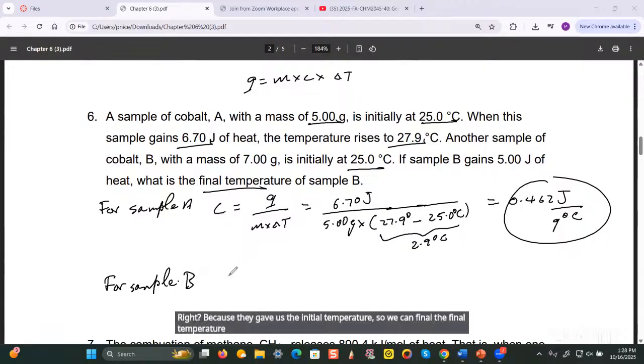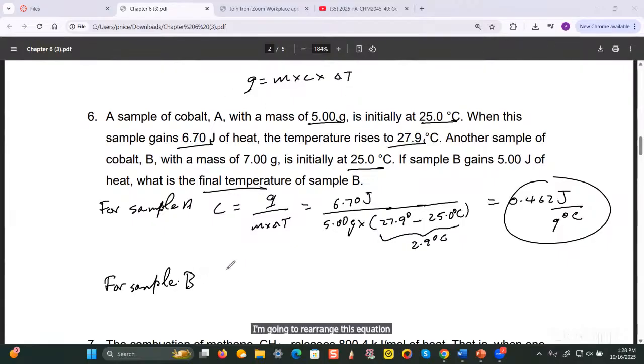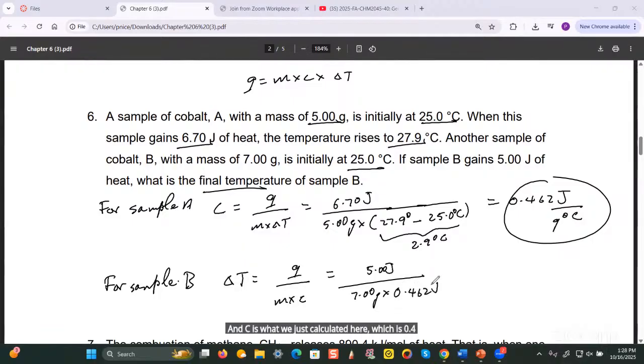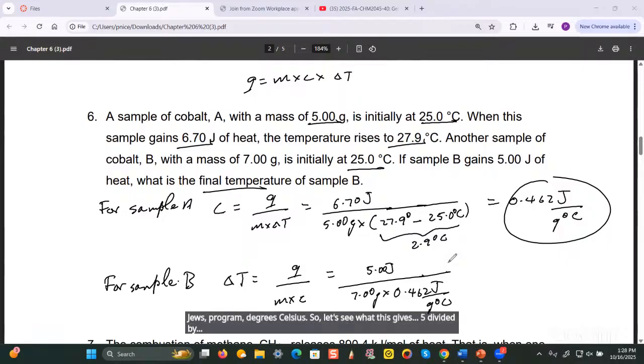So for sample B, I'm going to rearrange this equation again, but this time I'm going to find delta T. Delta T will be equal to Q over M times C. So for sample B, Q is 5.00 joules, M is 7.00 grams, and C is what we just calculated here, which is 0.462 joules per gram degrees Celsius. So let's see what this gives. 5 divided by 7 times 0.462.